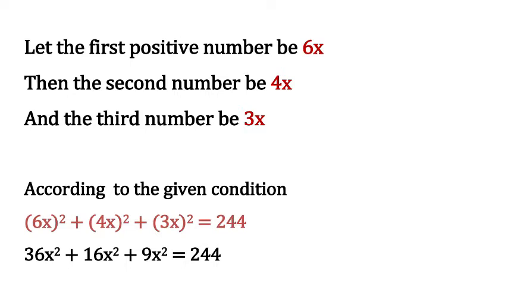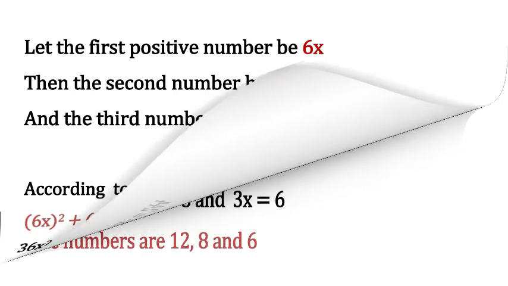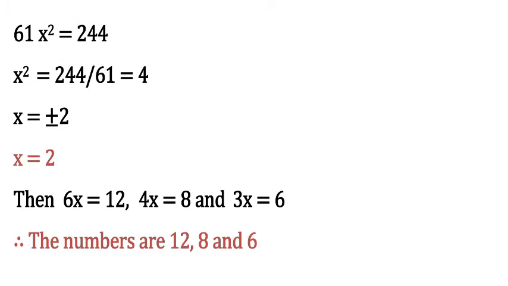Find the value of (6x)², (4x)² and (3x)², that is 36x², 16x² and 9x². That sum leads to 61x². The value of x will be equal to plus or minus 2.